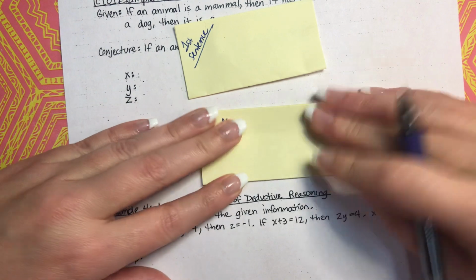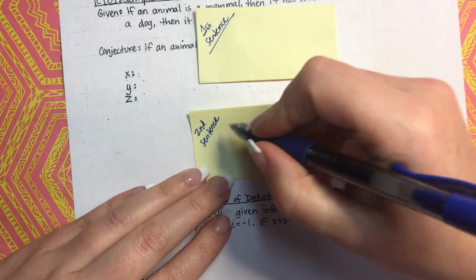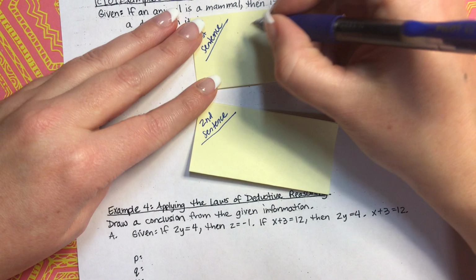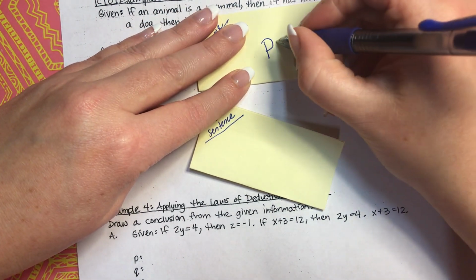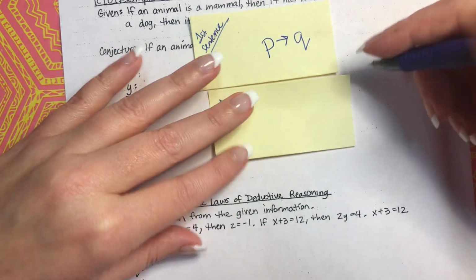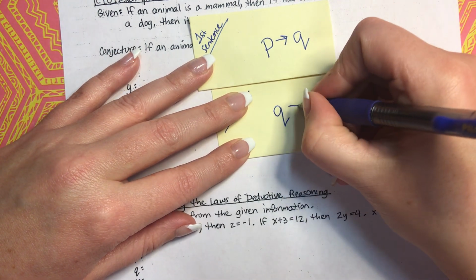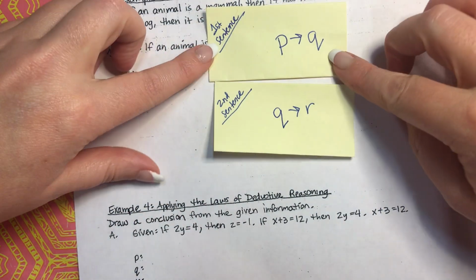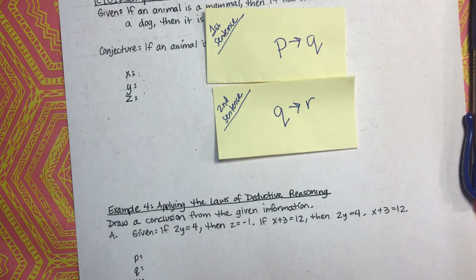Okay, now for the most part, what we have is P to Q, and then Q to R. So, for the most part, our first sentence under the law of syllogism, and we'll just say our conjecture here.